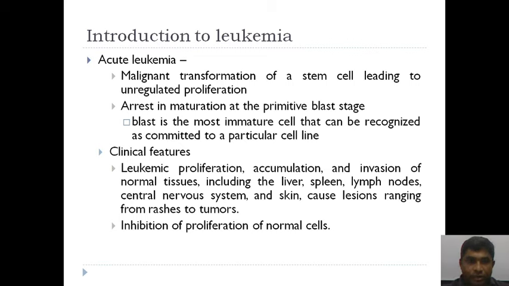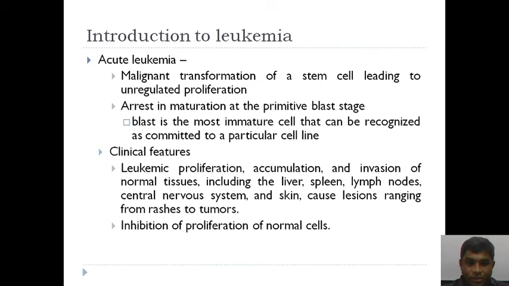ALL and AML behave slightly differently, but there are many common clinical features in both categories of acute leukemia. This includes leukemic proliferation of the cells, accumulation of the cells, and invasion of normal tissues. The most commonly involved organ systems are the lymphoreticular system, which includes the liver, spleen, lymph nodes, and the bone marrow, which is usually the site of origin of the disease.